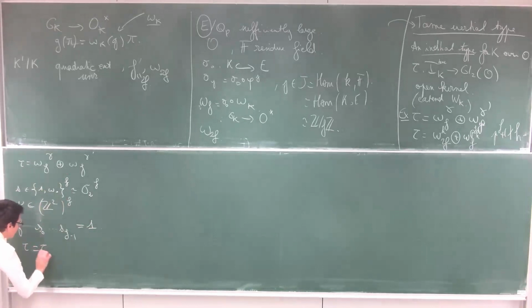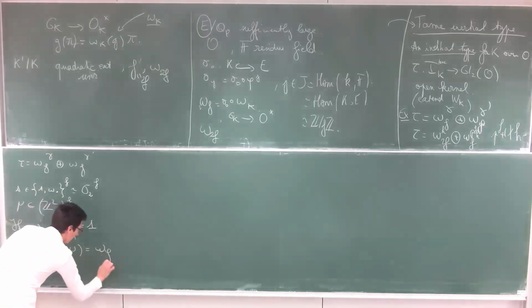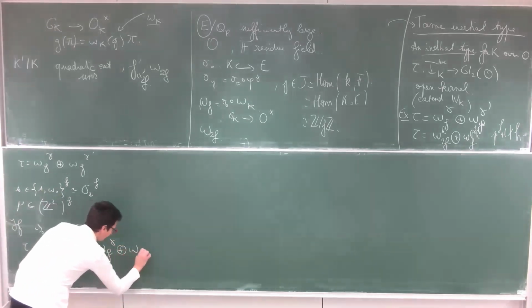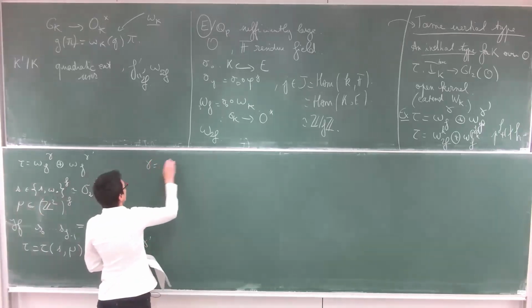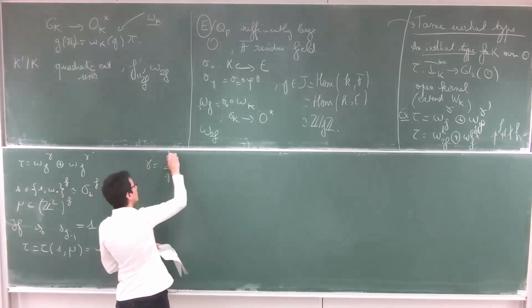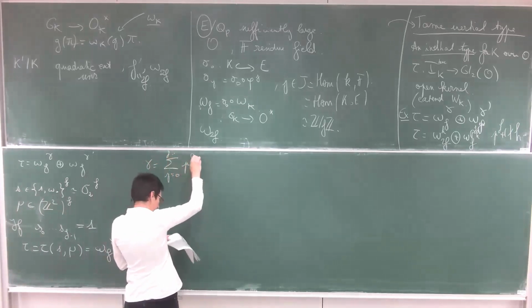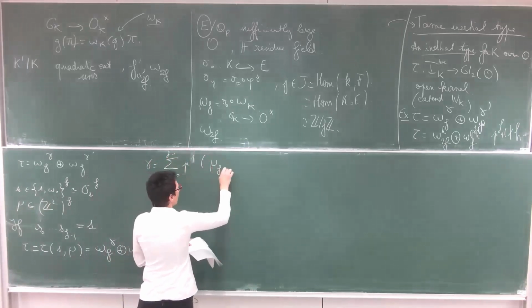If C of S mu, where gamma is given as a sum like that. That's like g mu f minus g.